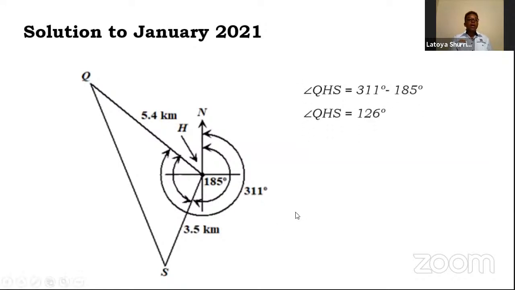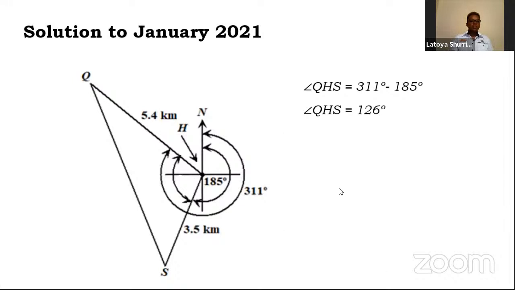And so if we want to know the angle QHS, that would be 311 degrees subtract 185 degrees, and that would give us 126 degrees. Excellent job for those who would have gotten that value. And keep trying, those who might not have gotten that. Be not discouraged.